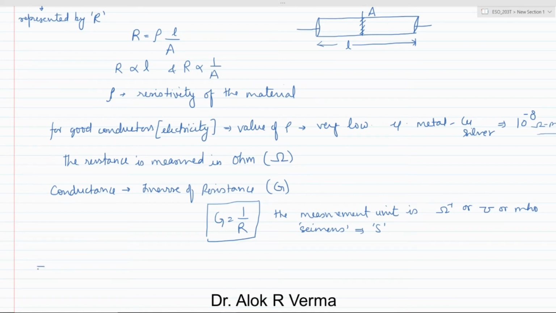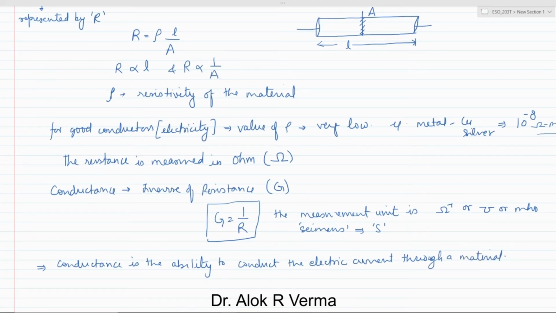So basically the formal definition is: conductance is the ease or ability to conduct the electric current through a material.